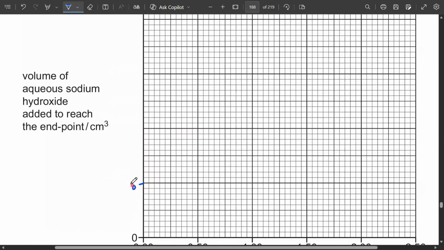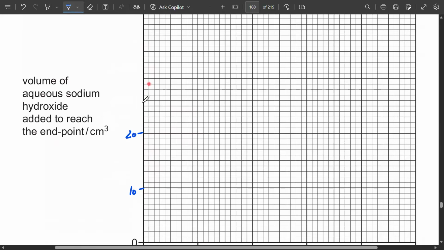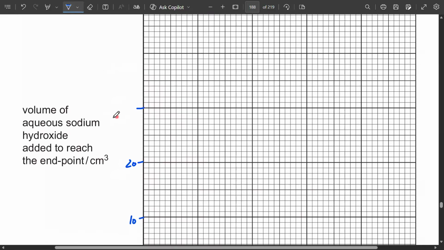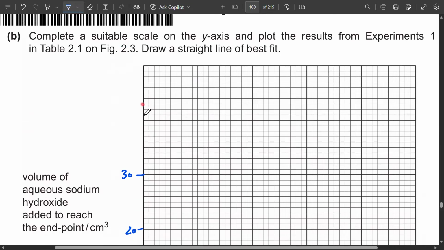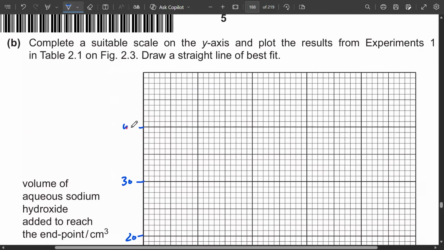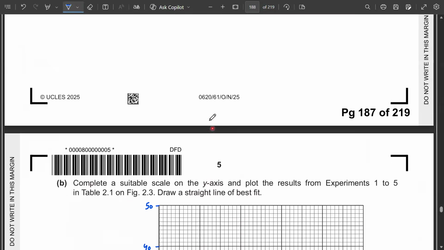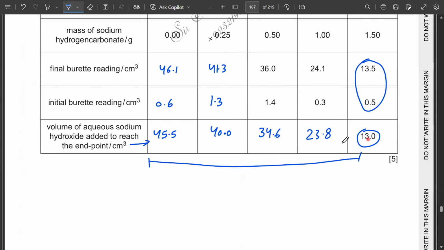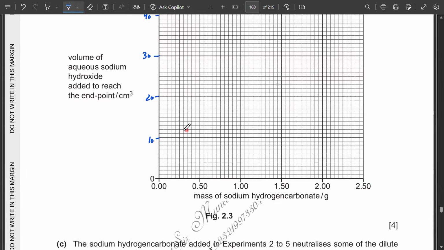This is 10, 20, 30, 40, and 50. Now values 13.0 to 23.8.